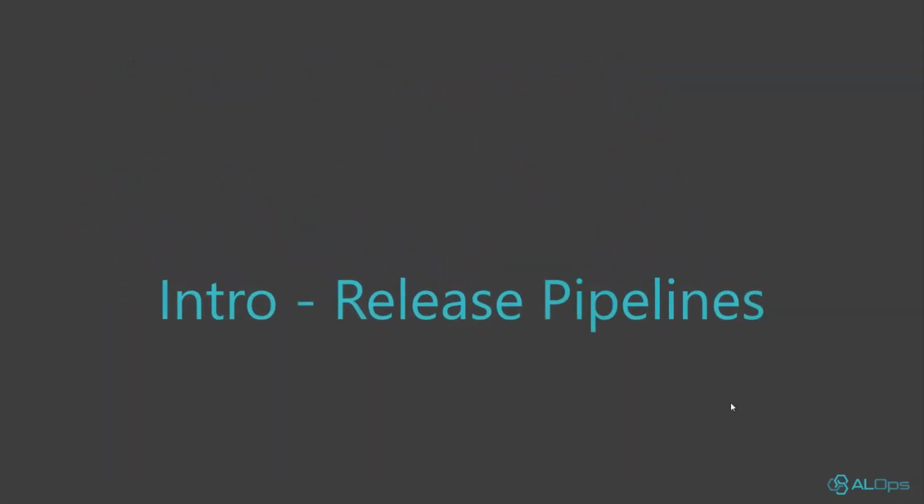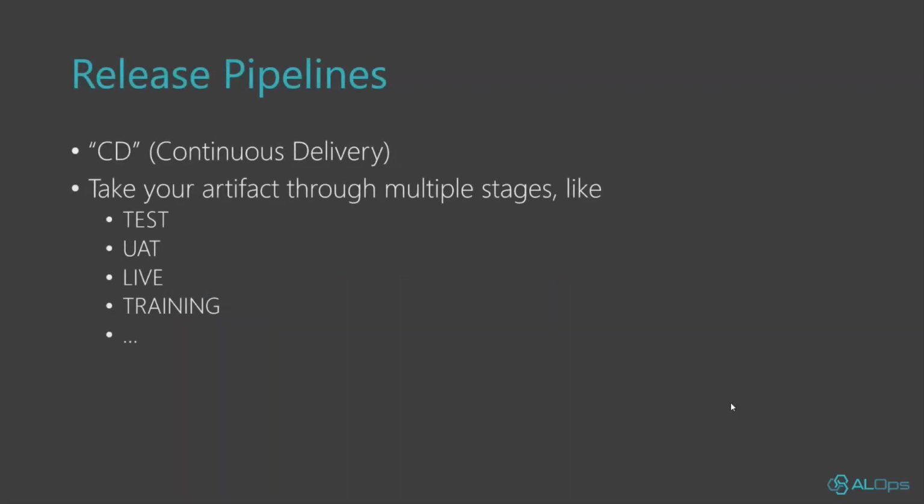So let's go a little bit into release pipelines. We talk about release pipelines in terms of continuous delivery. You know, the CI/CD part. CI was the continuous integration. Continuous integration is where you have a build pipeline managing the fact that multiple developers merge code into some kind of branch, whatever your branching strategy is.